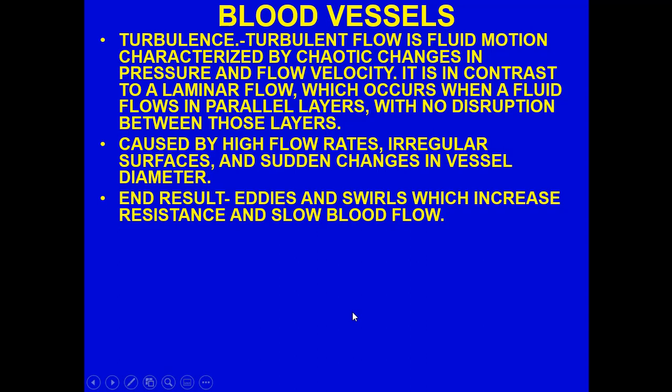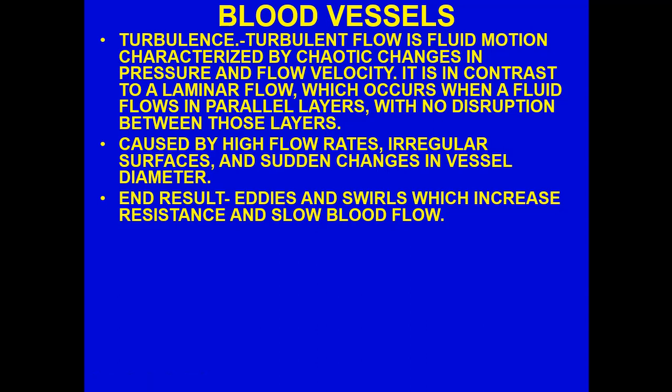Now, just to reiterate, turbulent flow is fluid motion characterized by chaotic changes. This can also be caused by high flow rates, irregular surfaces, and sudden changes in vessel diameter. Okay, so you're going to have turbulence occur if you go from a certain lumen diameter and then you cut it down by 1/2.